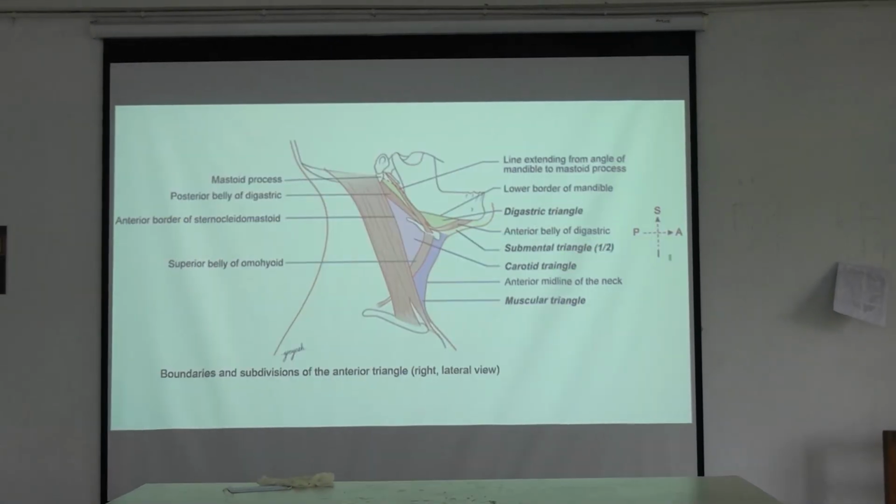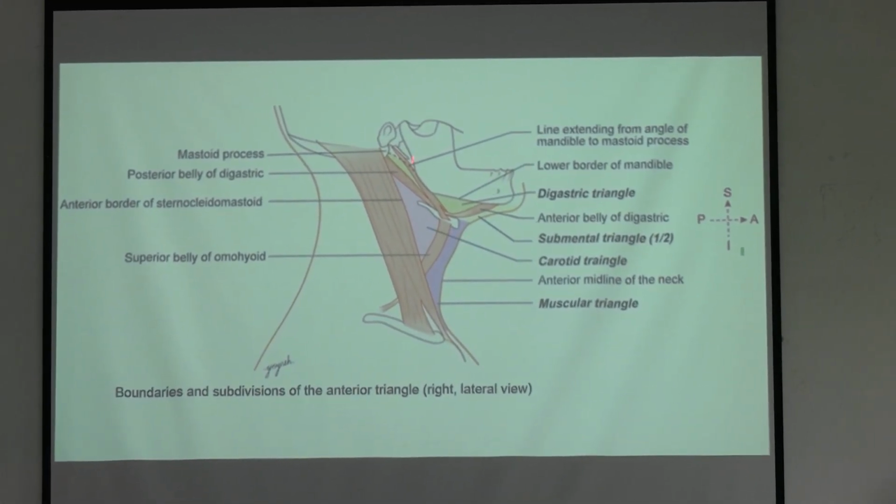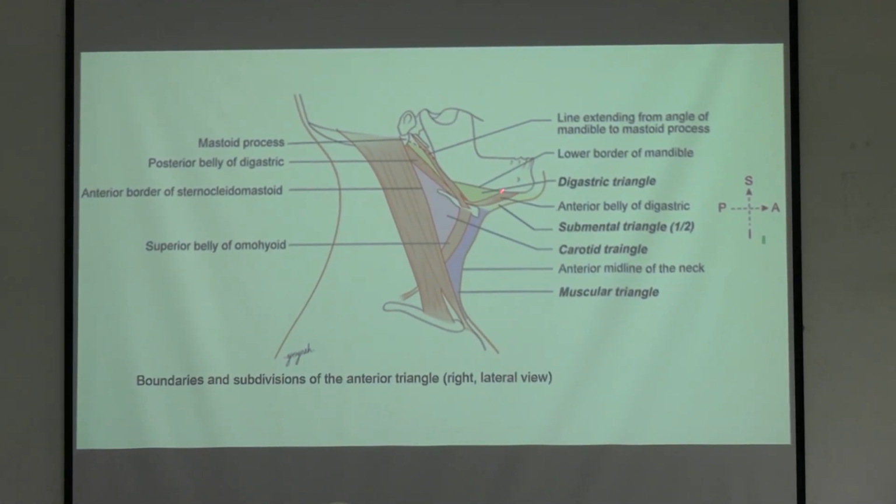So we get so many triangles. One is the digastric triangle. This is the submental triangle. This is the carotid triangle, and this is the muscular triangle. So there are 4 sub triangles in the anterior triangle of the neck.